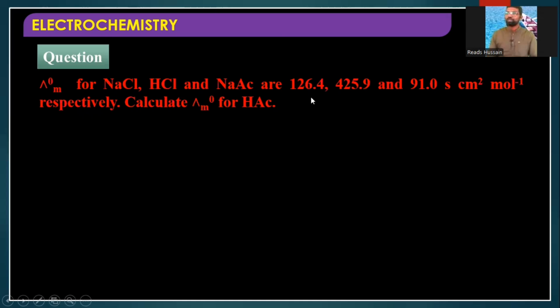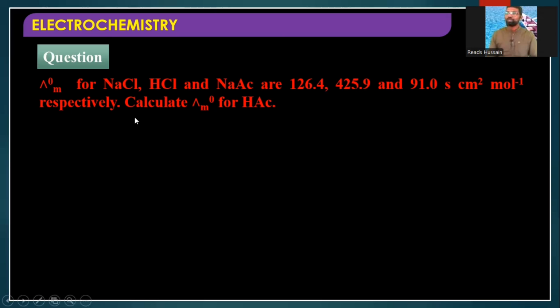Note down these values. For NaCl, what is the value? 126. For HCl, what is the value? 425.9. For sodium acetate, CH3COONa, 91. Note down these three values.